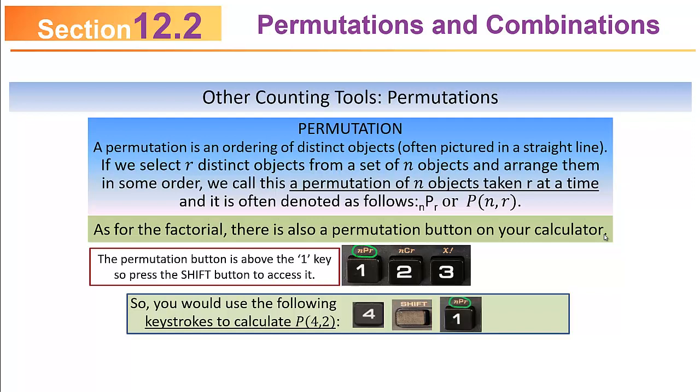Then you put in the 2, which is the R, and in order to get that to calculate, you have to press equal. For the factorial, you didn't have to press equal. You just have one number and you hit the factorial shift combination. But when you're plugging in 2 numbers, you have to press equal after the second number to get the calculation to take place. And in this case, you would end up with 12, which again is the same answer we got earlier.